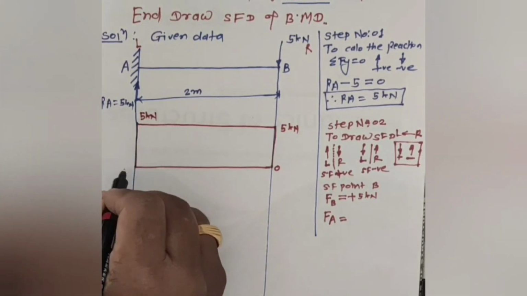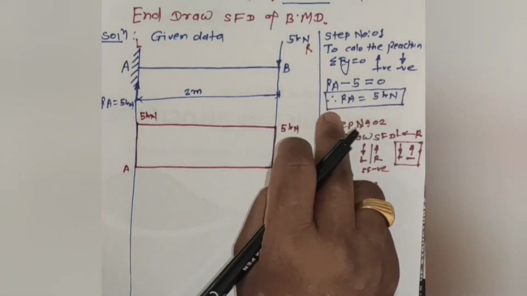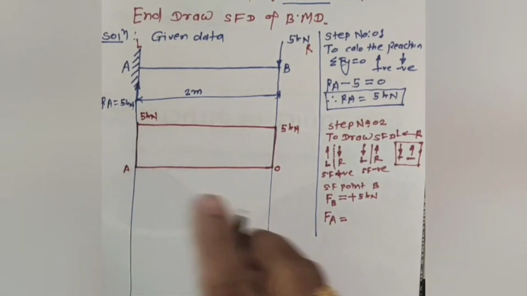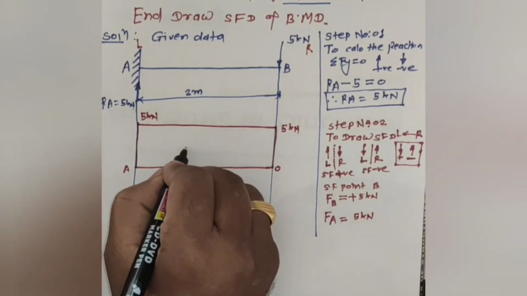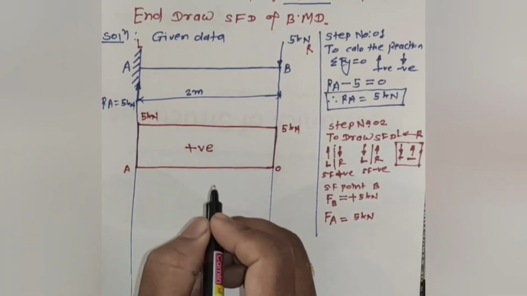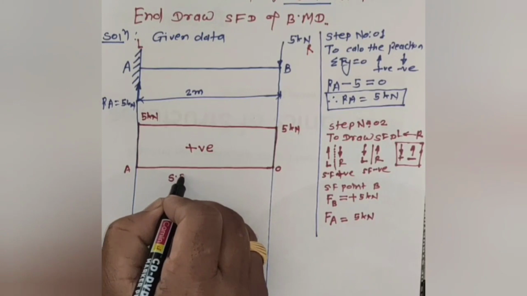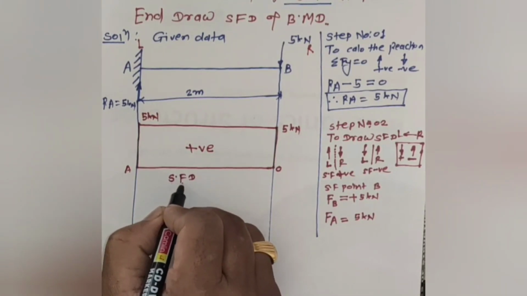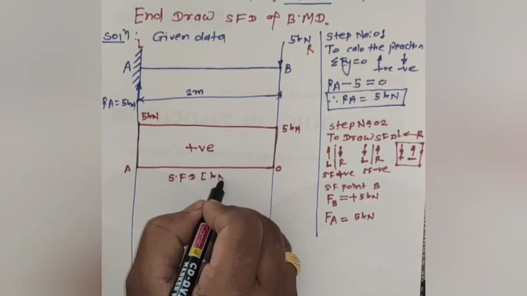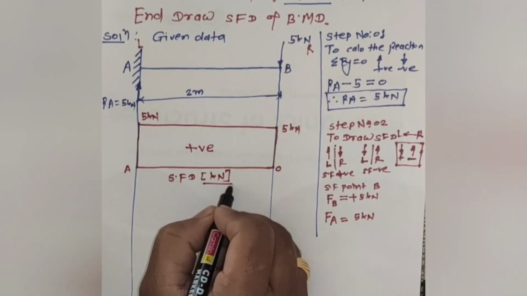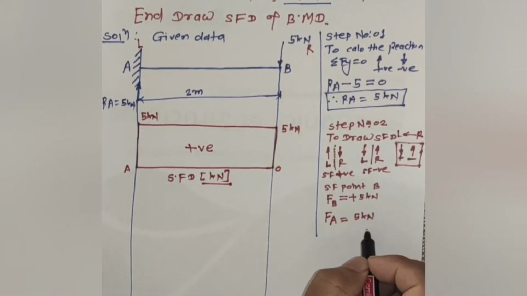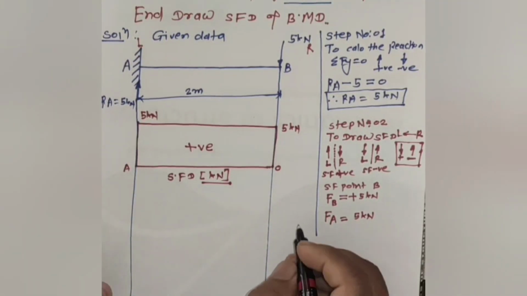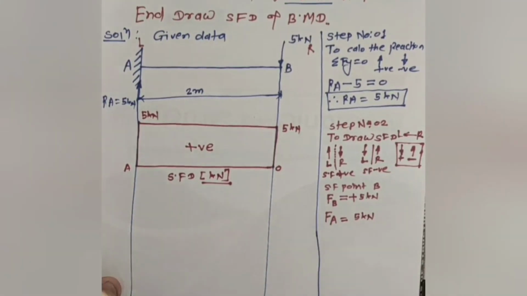And all of you know at point A the force acting is 5 kilonewton, and you are able to draw the positive shear force diagram. This is your shear force diagram in kilonewton. Why kilonewton? Because the force is given in kilonewton.